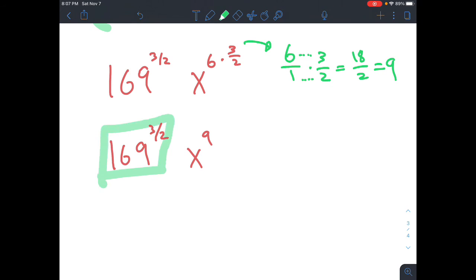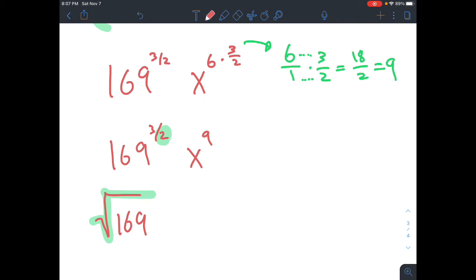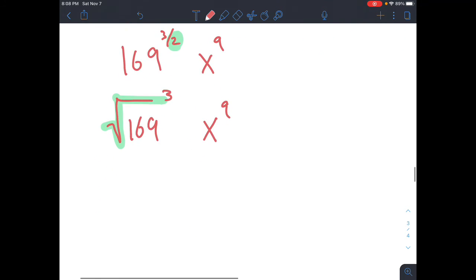Now, to simplify this term, I'm going to rewrite this with roots. Because it has a 2 in the denominator, I know I'm going to have a square root right here. So I have the square root of 169 raised to the 3rd power because the 3 is in the numerator. Bring down my x to the 9th.